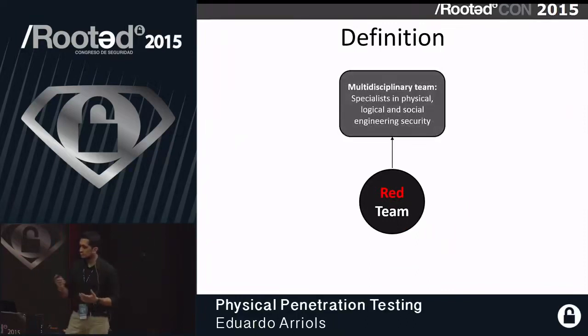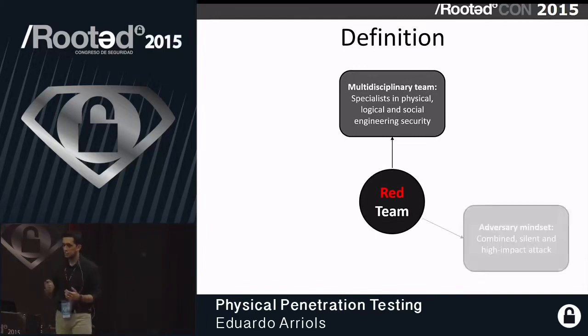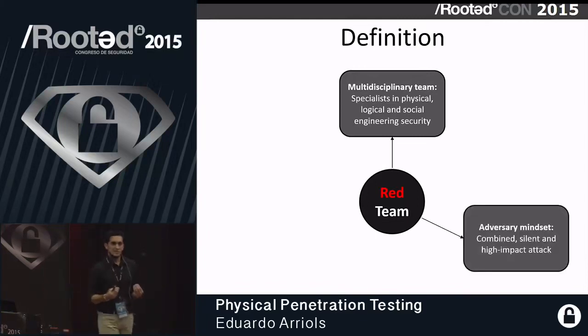Red team, very quickly, I tell you four characteristics. First of all, a multidisciplinary team. You need to have experts in logical security, social security, and physical security. Then, the intrusion test or penetration test consists in putting yourself in the mind of an attacker.